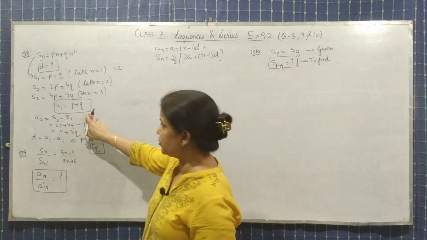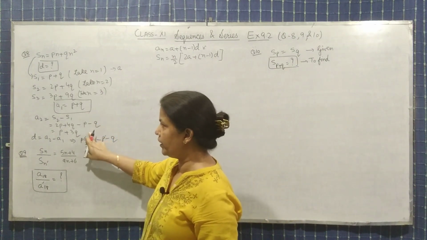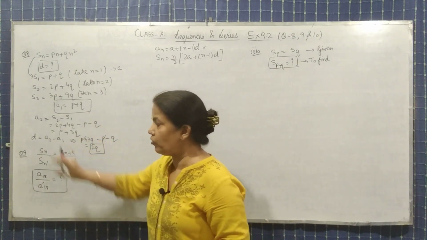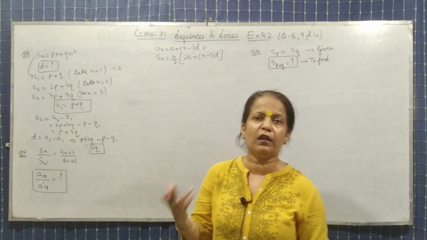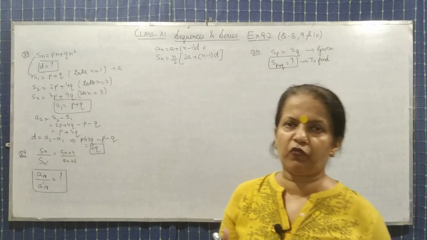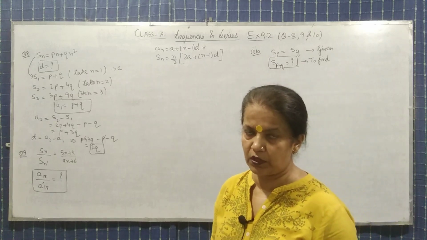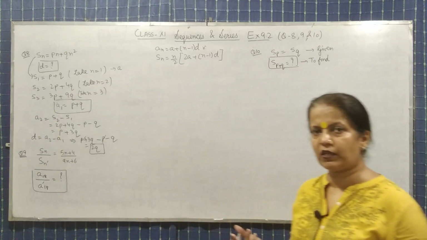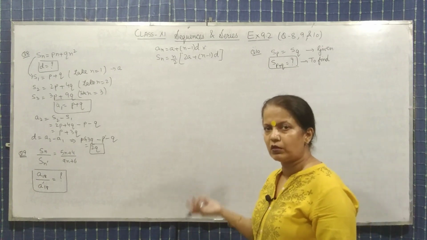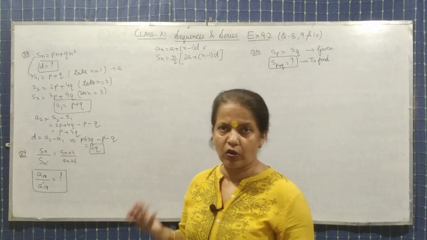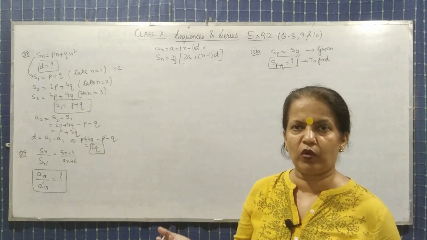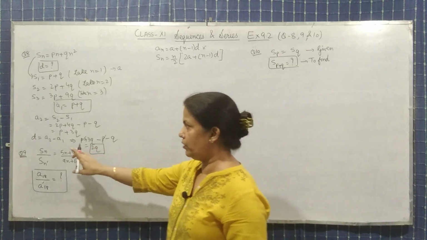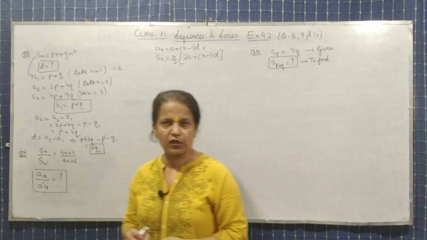So we will get A2. Now to find out the common difference, second term minus first term. Basically, what we have to do is find the terms, not the total number of terms: A1, A2. If we get them, then we can find out the common difference. Clear?